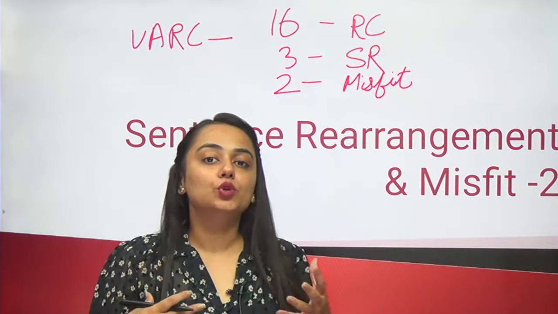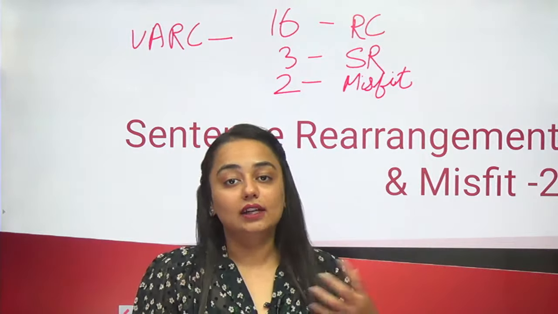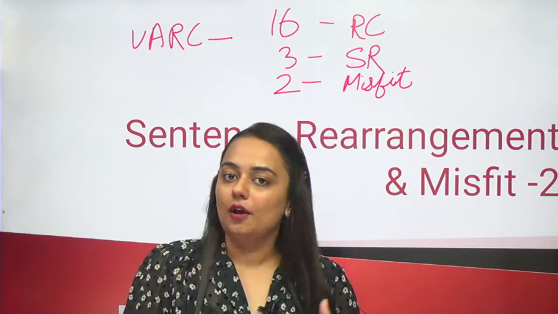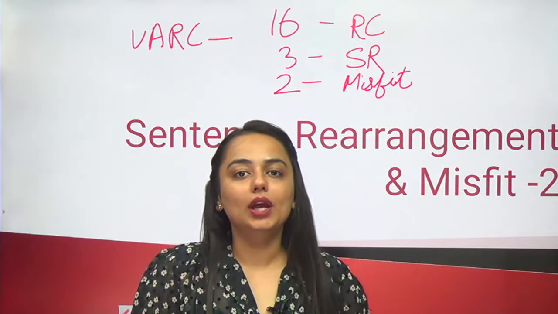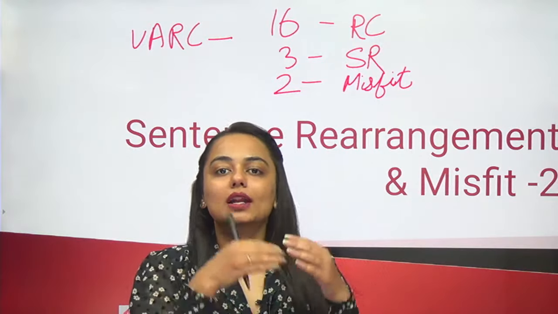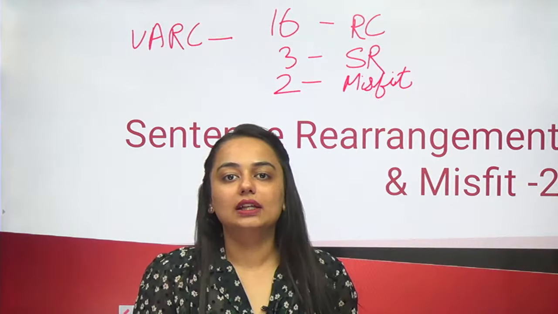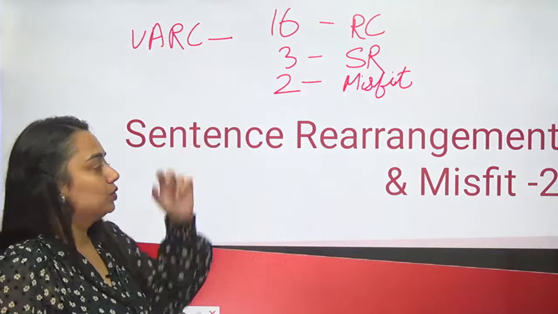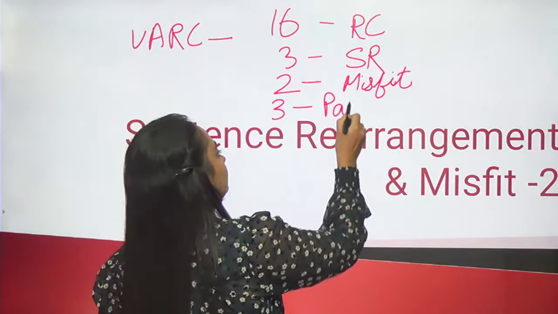If you can directly identify the one sentence which is in no way related to the passage, well and good. If you are not able to do it directly, the other way is to first arrange those sentences in a sequence and then see which line is out of sync. It becomes easier that way. So 2 from misfit and again 3 from para completion.